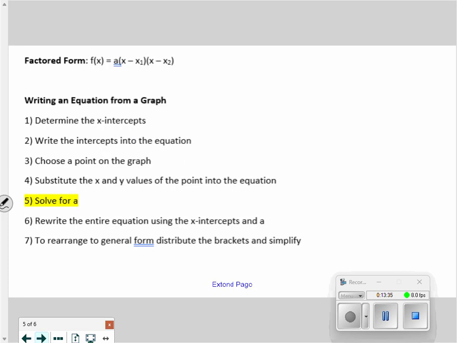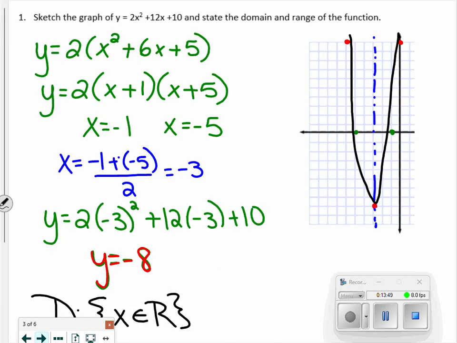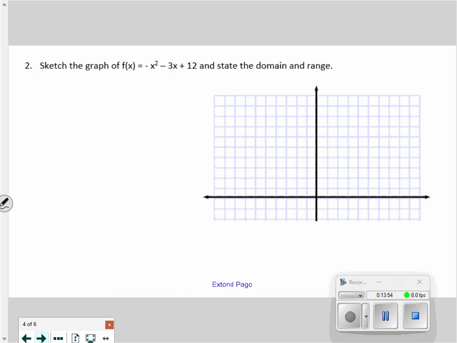Okay, this is where it gets a little bit trickier. We are going to write an equation from a graph. We have the sketchy graph of F. Okay. So this would be slightly different in that we can't factor a negative x squared.